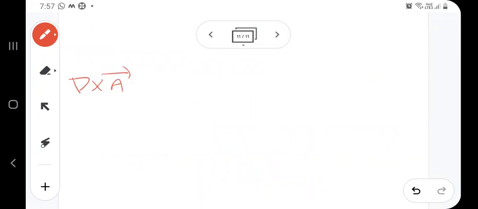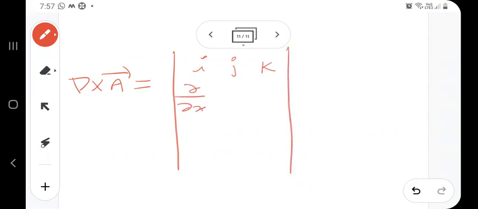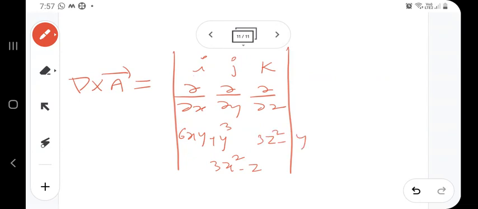Now I am considering del bar cross a bar: i cap, j cap, k cap, dou by dou x, dou by dou y, dou by dou z, with x component 6xy plus y cube, y component 3x square minus z, and z component 3z square minus y. So here y is inside the determinant.